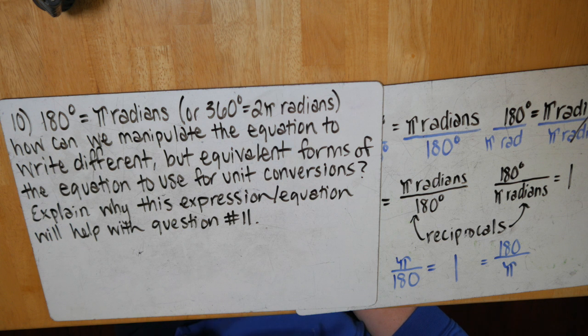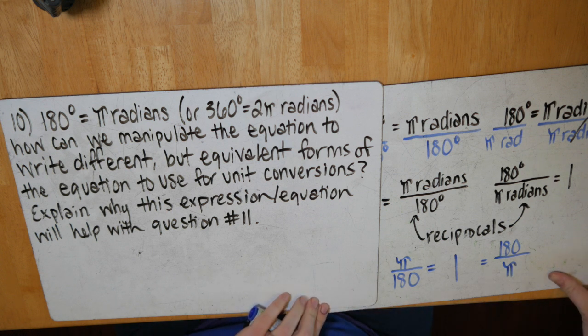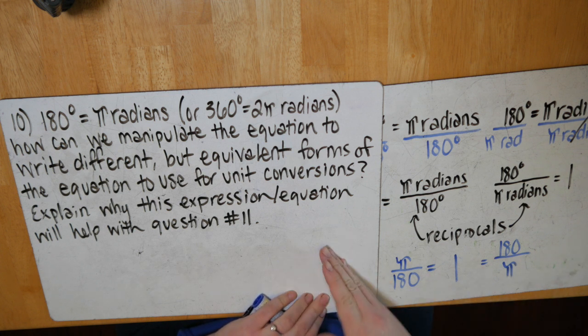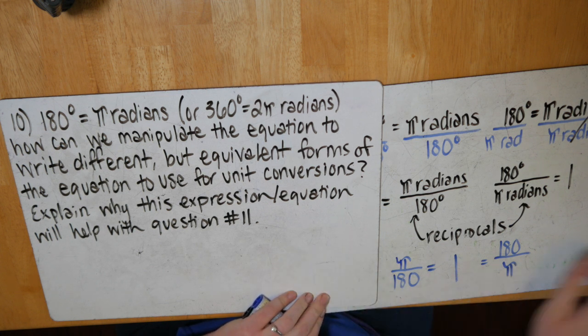When you do this, you need to think about what unit am I trying to introduce to the scenario, and what unit am I trying to cancel out in this scenario to make the conversion, to go from whichever direction you're going to wherever you want to go. Again, degrees to radians or radians to degrees.